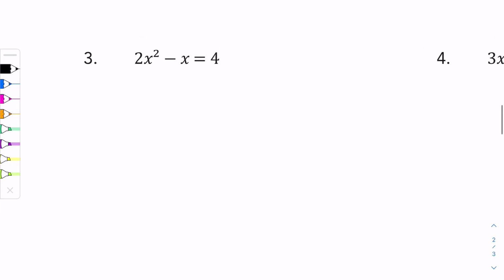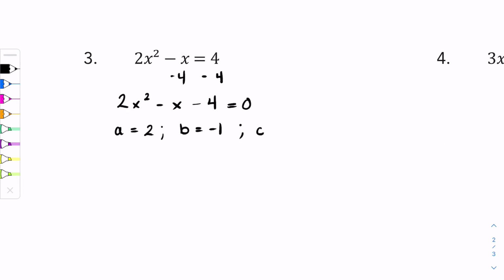Number 3, convert this to standard form. Identify your A value as 2, your B value as -1, and your C value as -4.